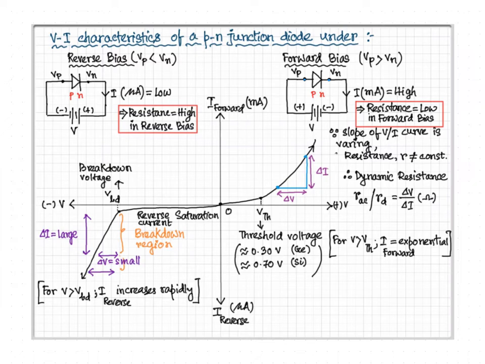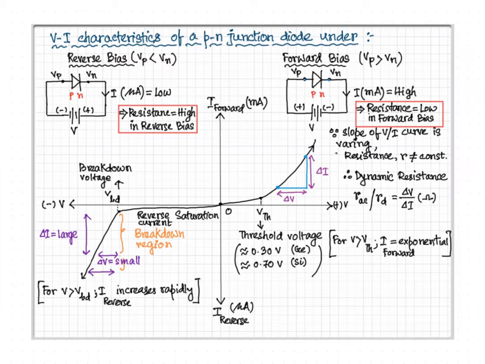If this is the case, then we have seen that the current I through the circuit is comparatively more than the current in reverse bias. So we can say that the resistance in forward bias is low.